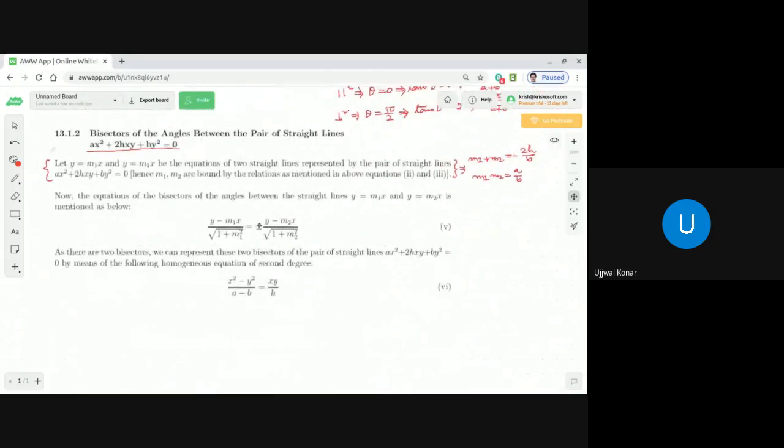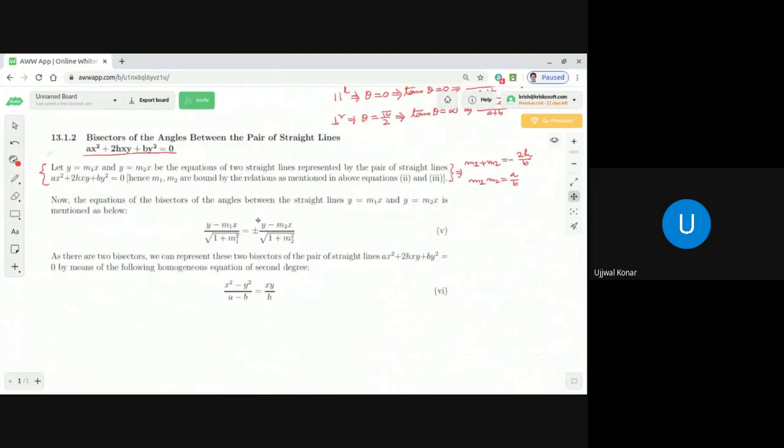Now, the equation of the bisectors of the angle between the lines y equal to m1x and y equal to m2x is what? (y minus m1x) by square root of 1 plus m1 square is equal to plus minus (y minus m2x) into 1 by square root of 1 plus m2 square.